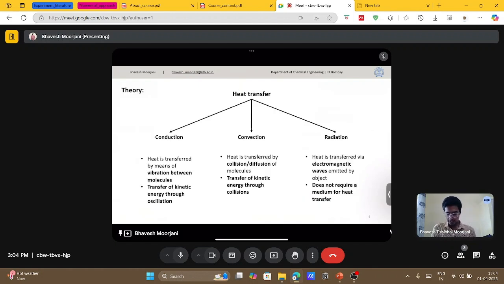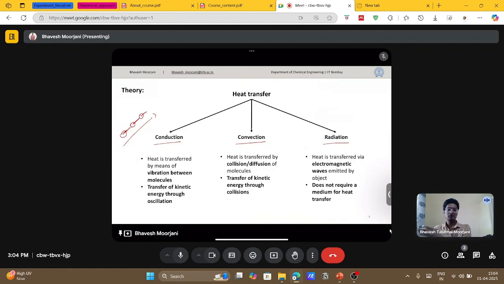So as we discussed in the previous class, the three basic modes of heat transfer are conduction, convection and radiation, right? In conduction, heat transfer occurs because of molecule vibrations, right? This molecule vibration transfers kinetic energy from one part to another part. From higher temperature we will have higher oscillation, and at lower temperature we will have lower oscillation.